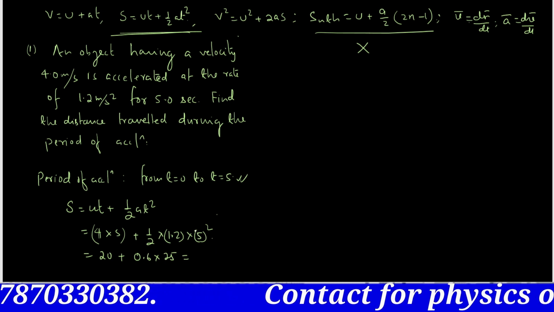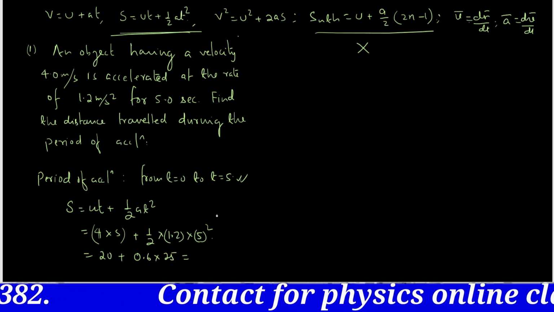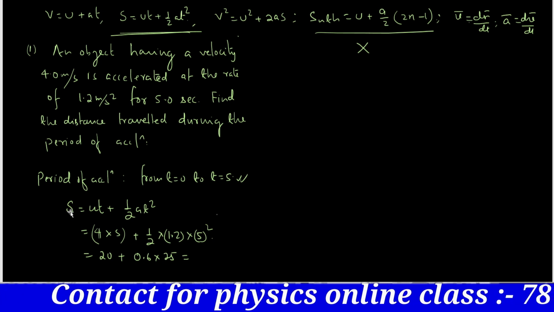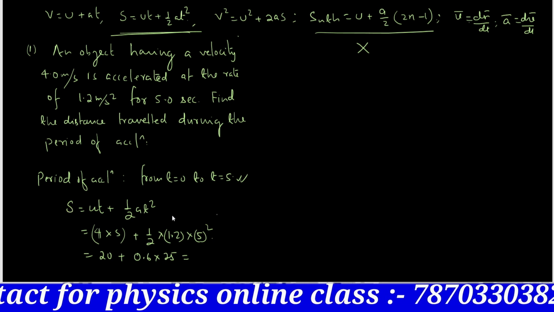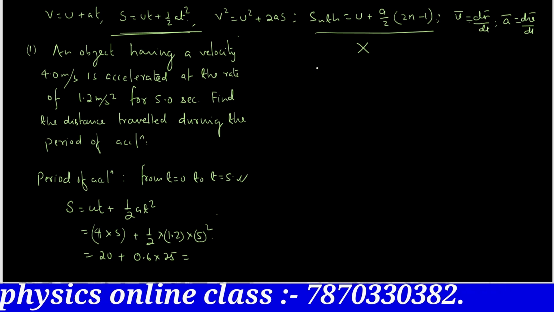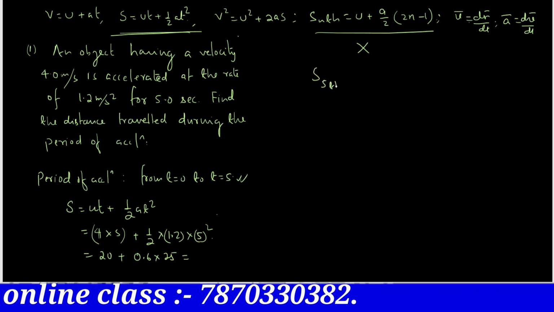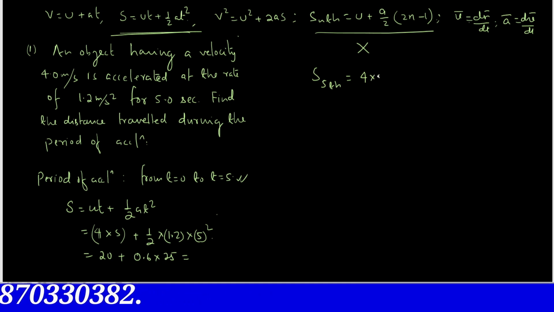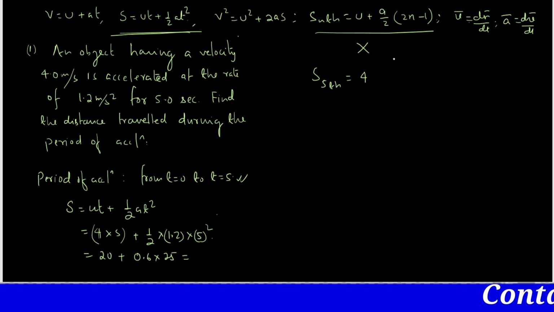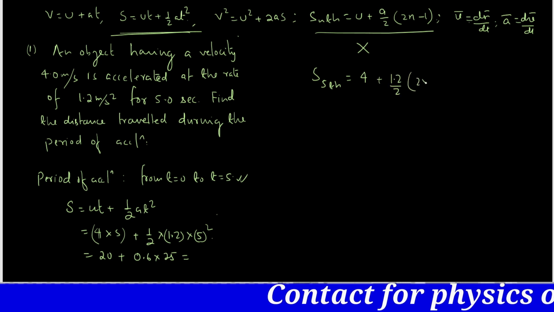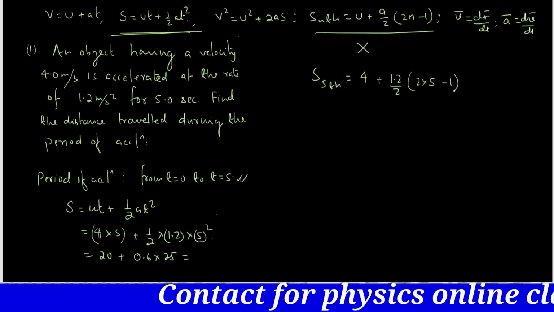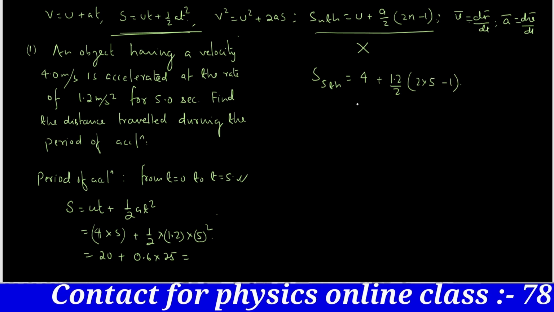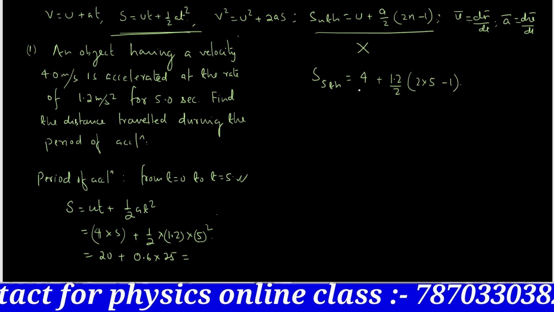From t equal to 0 to t equal to 5, the whole distance traveled by the particle is S equal to ut plus half at square. And if anyone asks S fifth, then our answer is 4 plus 1.2 by 2 into 2 into 5 minus 1, right?